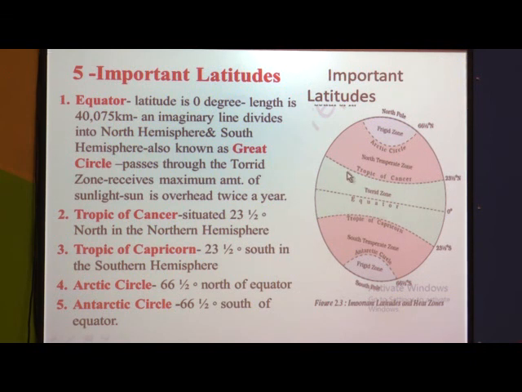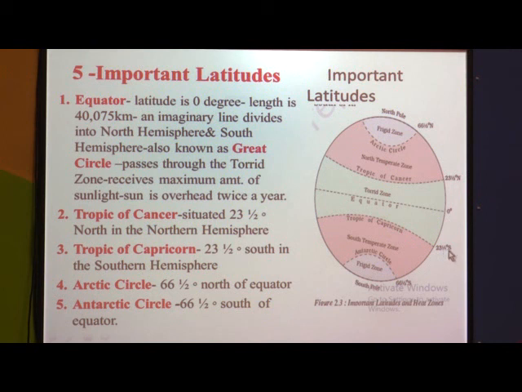Okay, again we will see. First one, equator at 0 degree. Second one, Tropic of Cancer at 23.5 degree north. Then third one, below the equator, Tropic of Capricorn, located at 23.5 degree south.